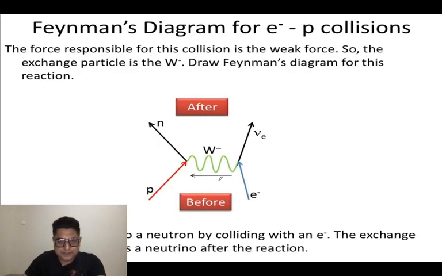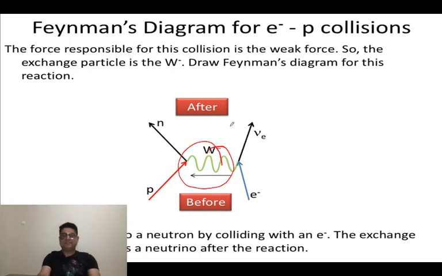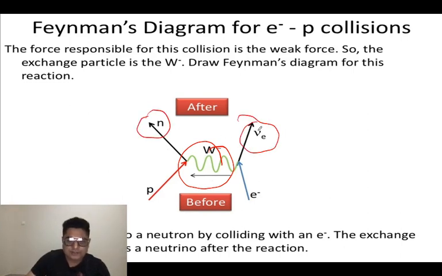Once again over here, you can see the arrow, the direction, that was already mentioned previously in the very first slide, that the waves which are being generated over here denote the exchange of the particles. So over here, the arrow denotes where the W minus boson is being transferred. Proton and electron are the pre part of the event, and after that neutron and neutrino are being generated while getting departed away from each other.